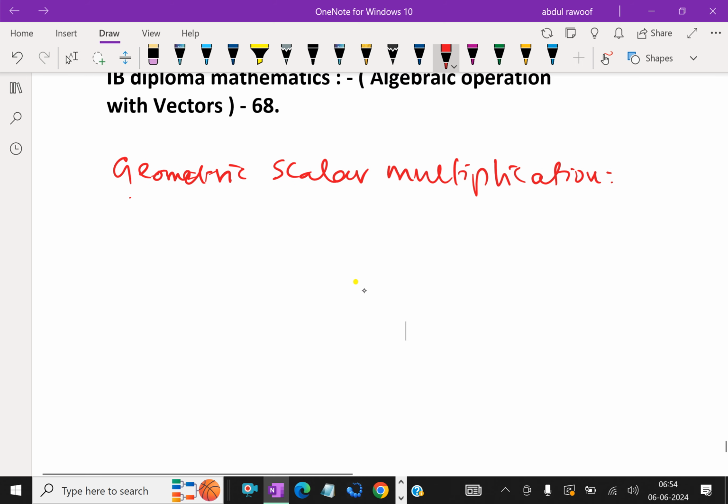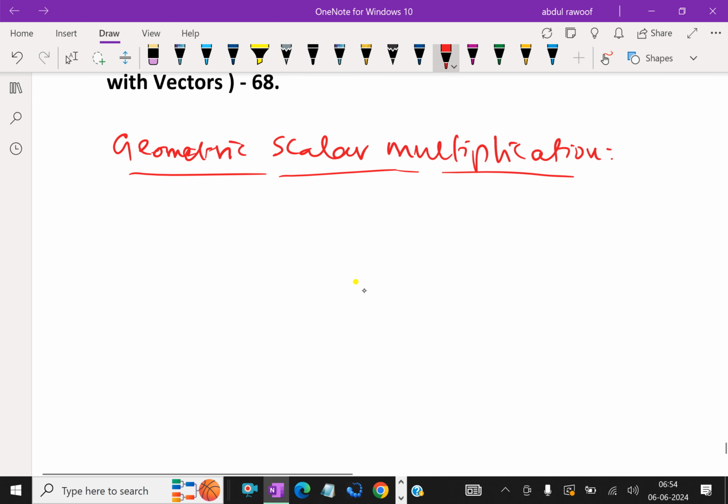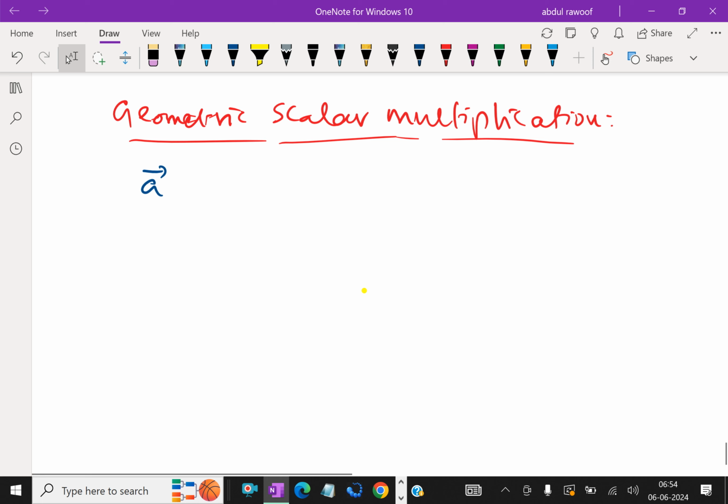Suppose vector A is given. Then, if you multiply this vector A with the constant k, it increases its size or reduces its size because of the k value.